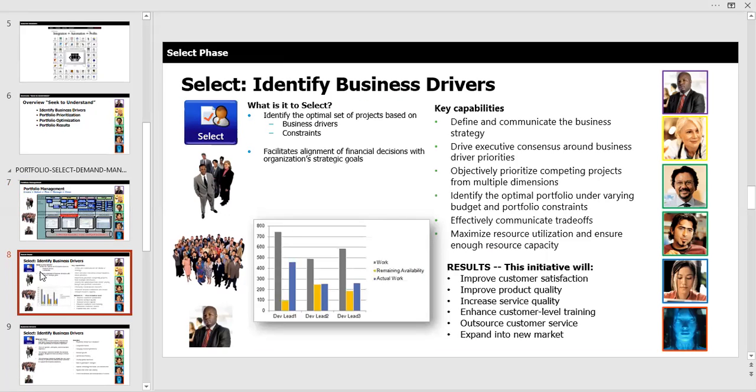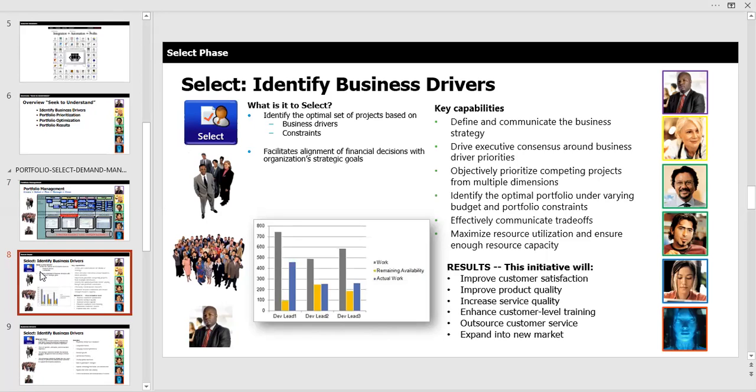The first stage of select, or what's necessary to begin the selection process, is first to have business drivers identified. These drivers change for every institution that operates, and they're basically your key capabilities. They help you define and communicate the business strategy. They drive executive consensus. They help you prioritize objectively.